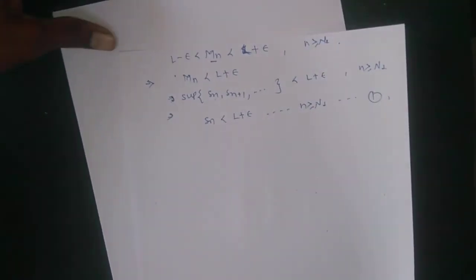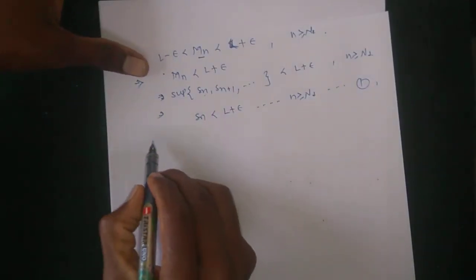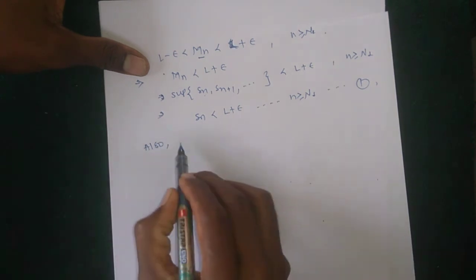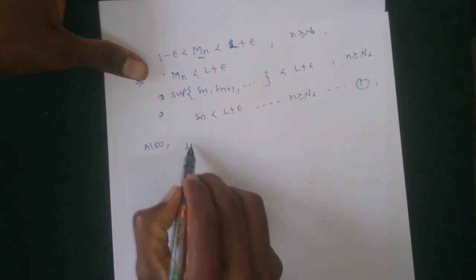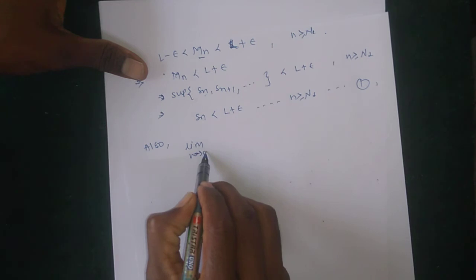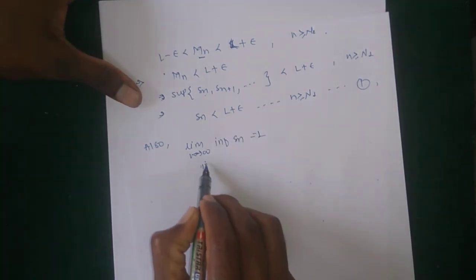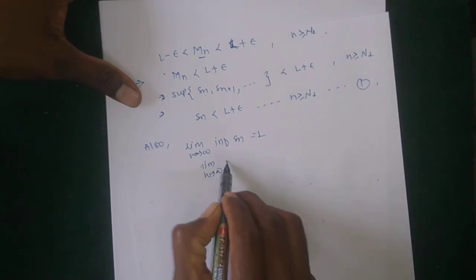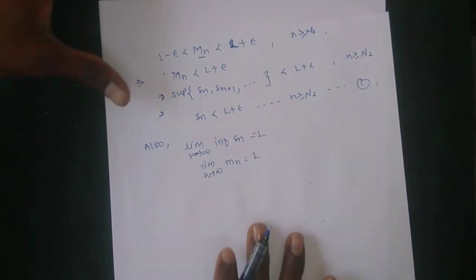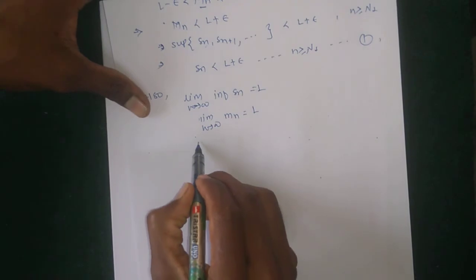Also, in a similar way for the infimum, the limit as n tends to infinity of the infimum of Sn is equal to L, which implies that the limit as n tends to infinity of small mn is L by the epsilon-n definition.